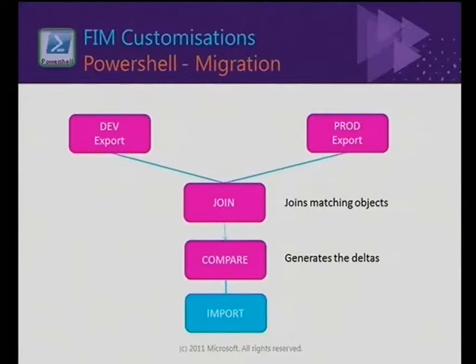At that point, you'd normally export it out to a file rather than doing it all within the one PowerShell script. But then you'd take that export and import that into your next environment. The reason you'd normally export it is that if you run that separately a bit later, you can also generate the failed changes out to another file and then re-import that and work out what went wrong.